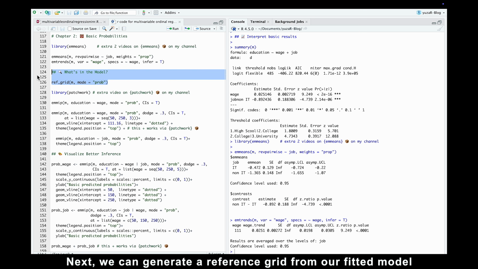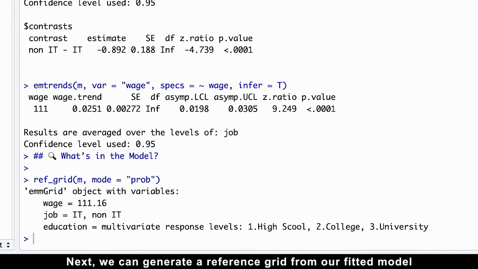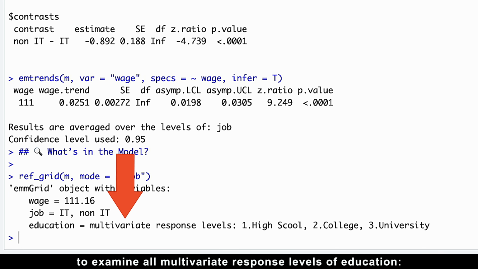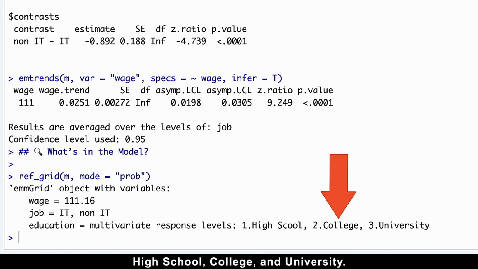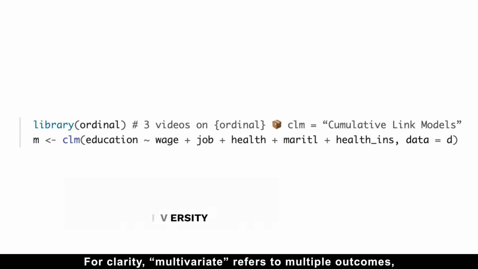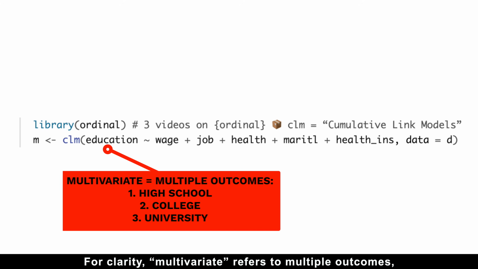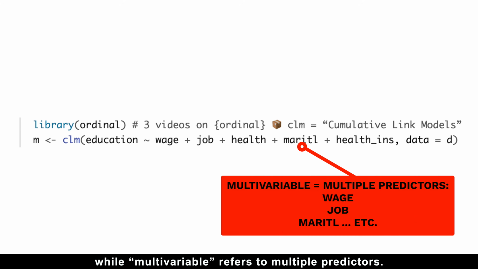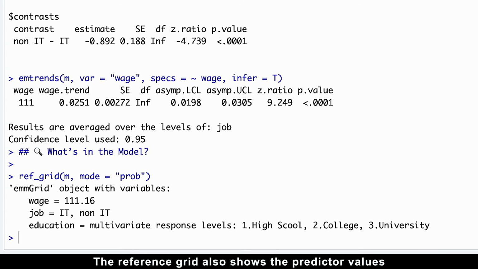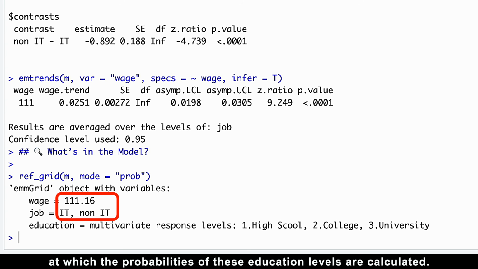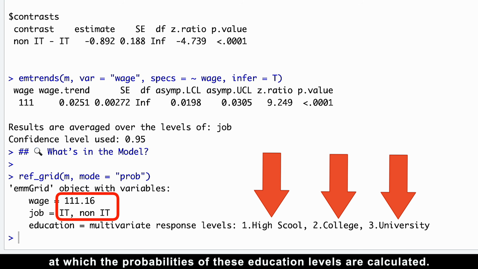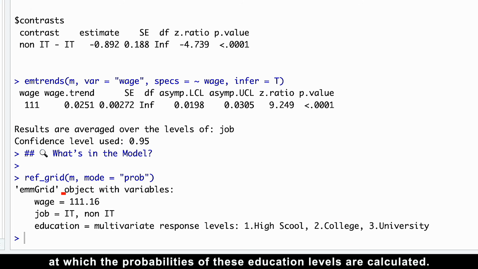Next, we can generate a reference grid from our fitted model to examine all multivariate response levels of education: high school, college, and university. For clarity, multivariate refers to multiple outcomes, while multivariable refers to multiple predictors. The reference grid also shows the predictor values at which the probabilities of these education levels are calculated.